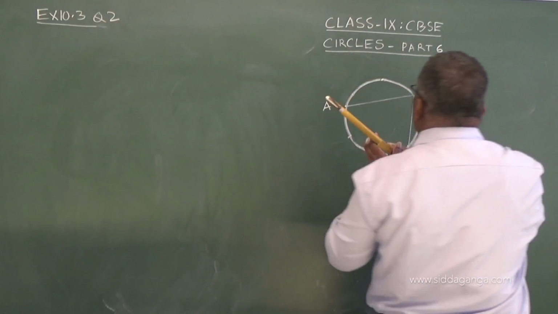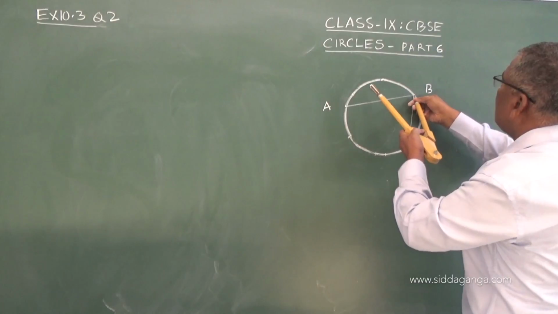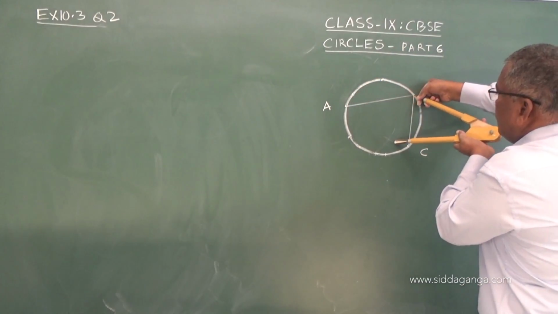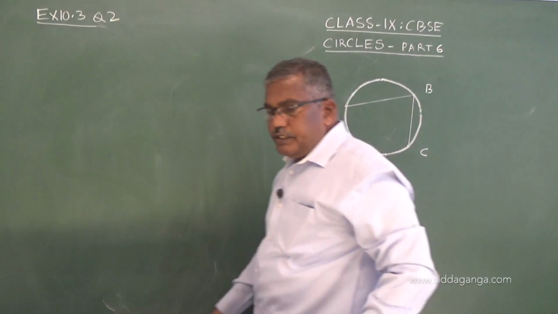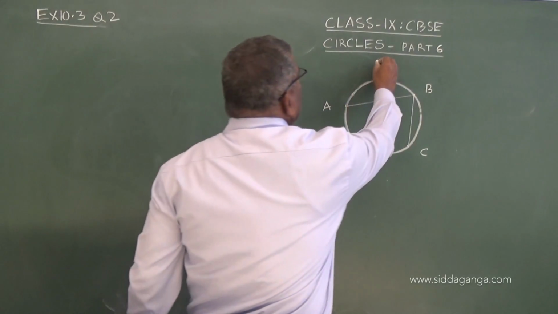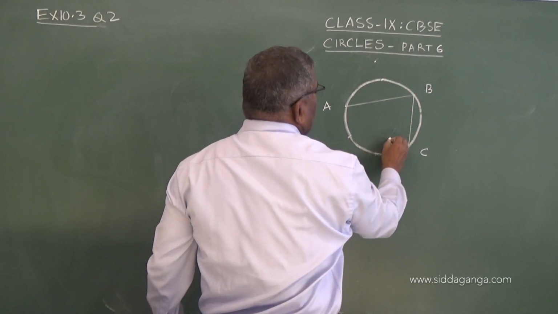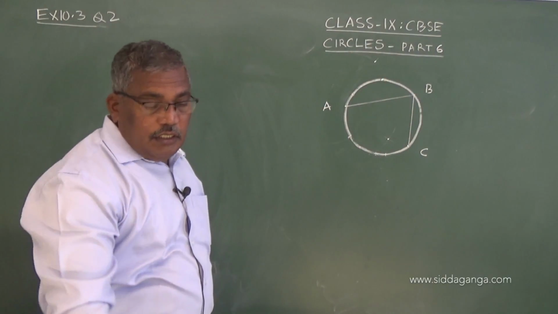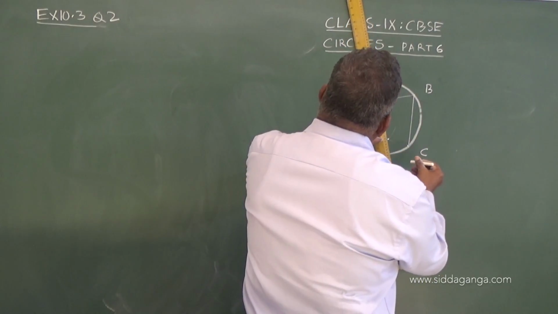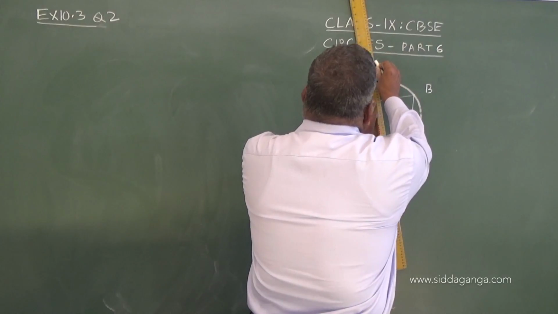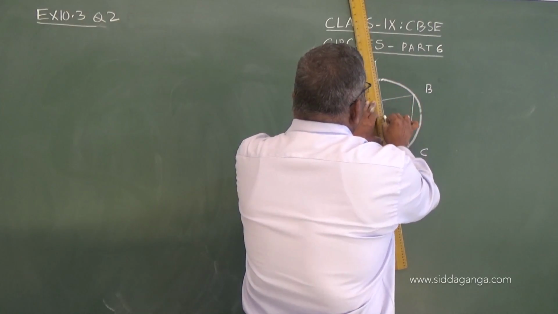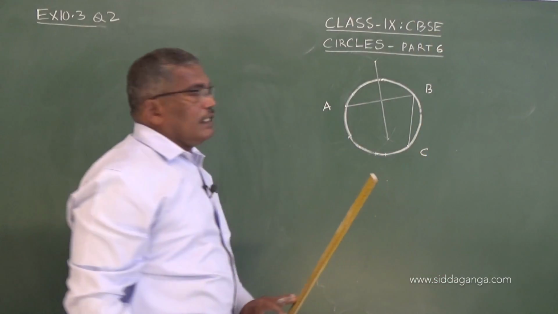With B as center, you draw some other arc. So you got 2 points. Now join these 2 points. These 2 points, if you join, it is the perpendicular bisector of AB. This is one of the perpendicular bisectors.